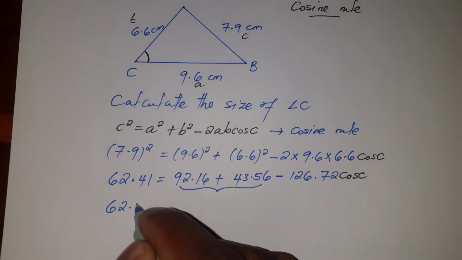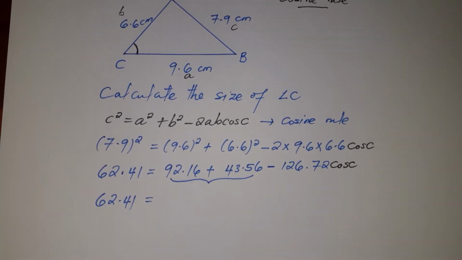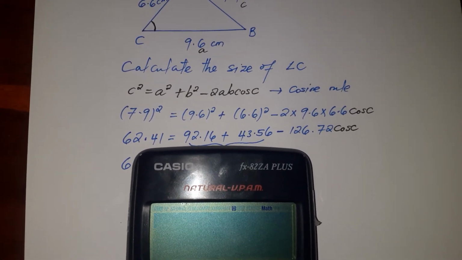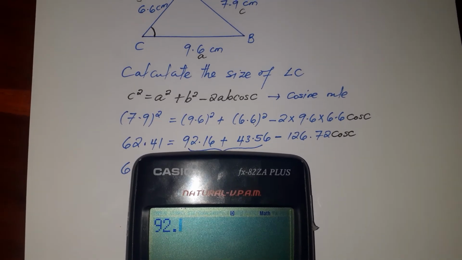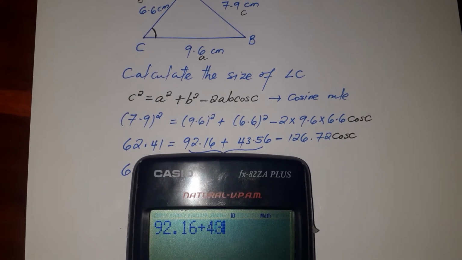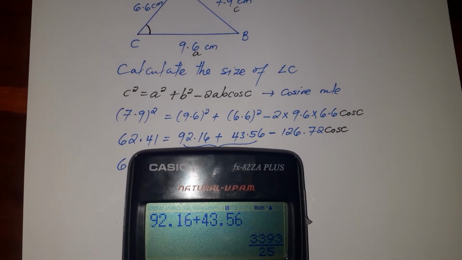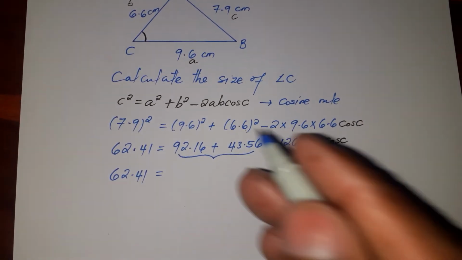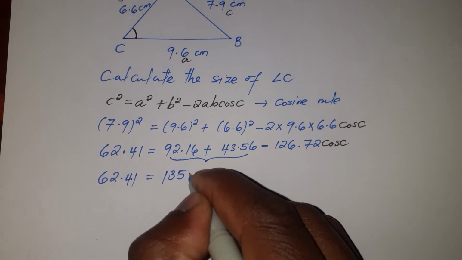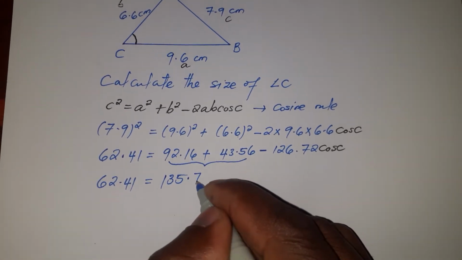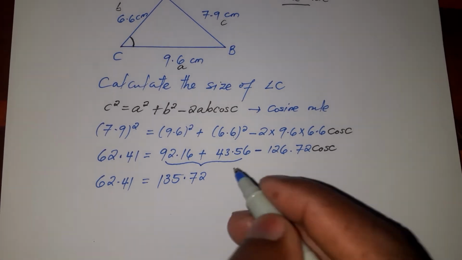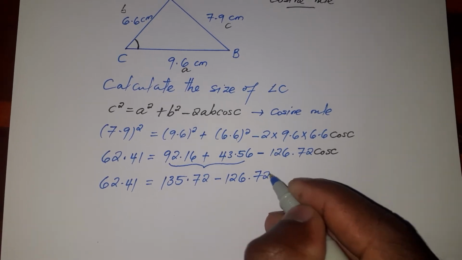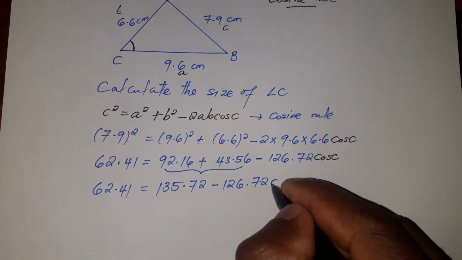This side will still have 62.41 equal to, now when we add 92.16 plus 43.56, we are getting 135.72, and then minus 126.72, and then we have our cosine C.